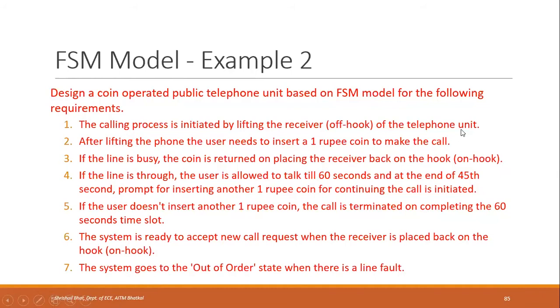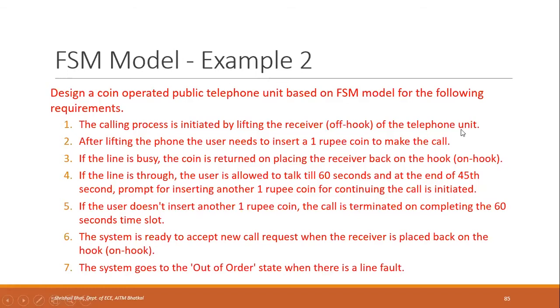If the line is through, that means the call is able to proceed, then the user is allowed to talk till 60 seconds. 1 rupee, 60 seconds. And at the end of 45 seconds, there will be an indication or a prompt or a signal to insert another 1 rupee coin for continuing the call more than 60 seconds. If the user doesn't insert another 1 rupee coin at 60 seconds, the call will get terminated.